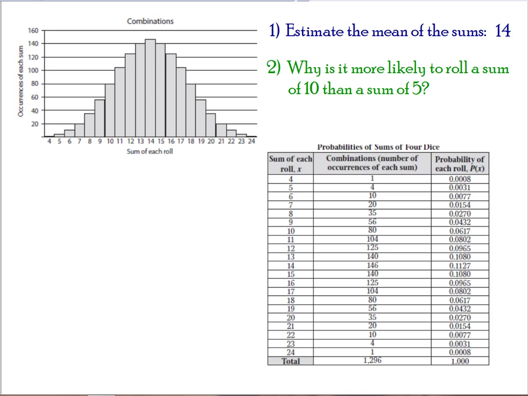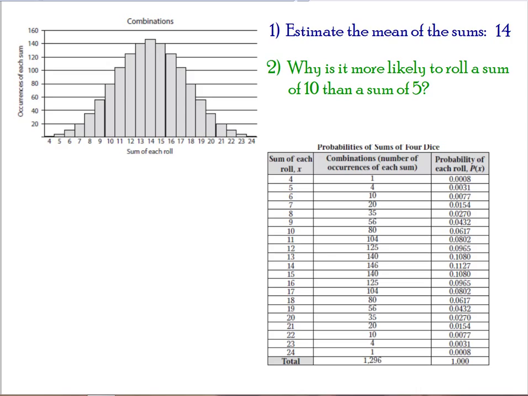Why do you think it's more likely to roll a sum of 10 than a sum of 5? Think about the four six-sided dice. If you roll 4 dice and add the total, how many different ways could you get a 5, and how many different ways can you get a 10?